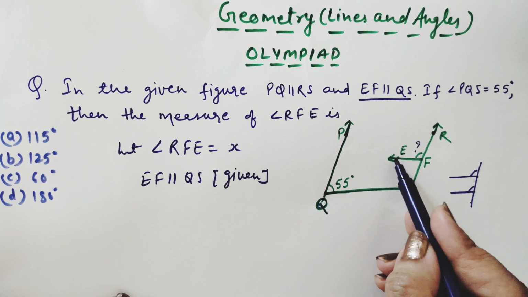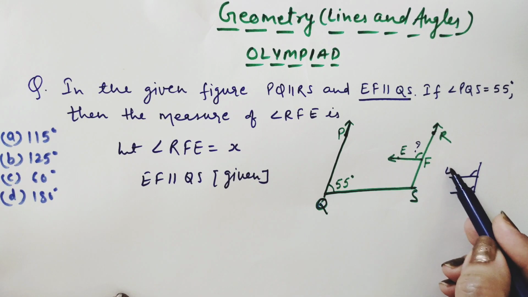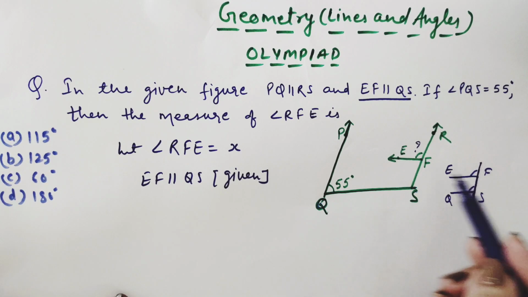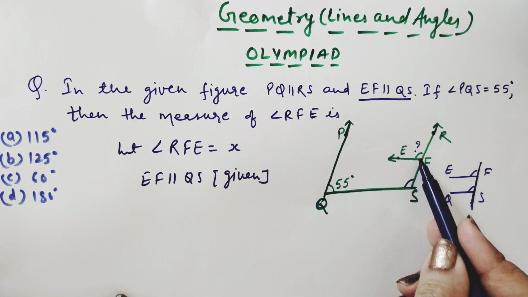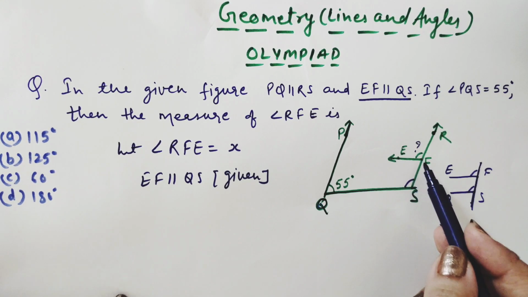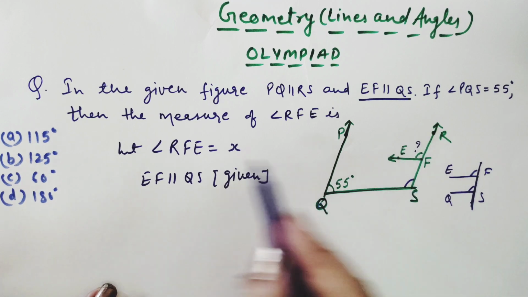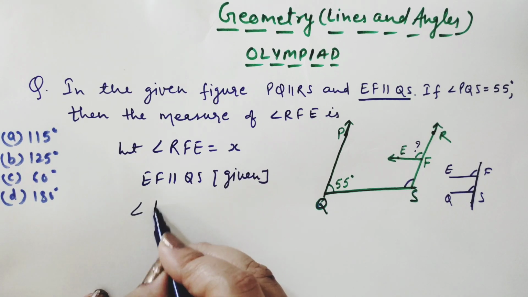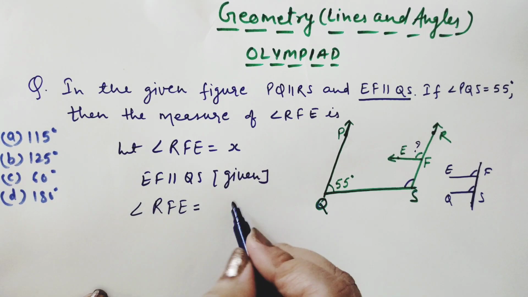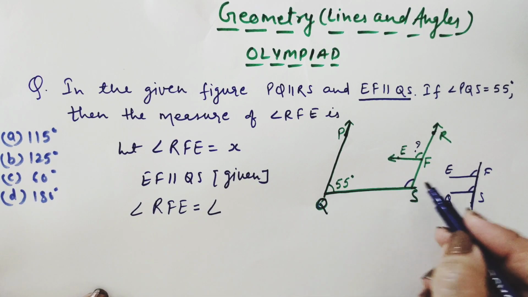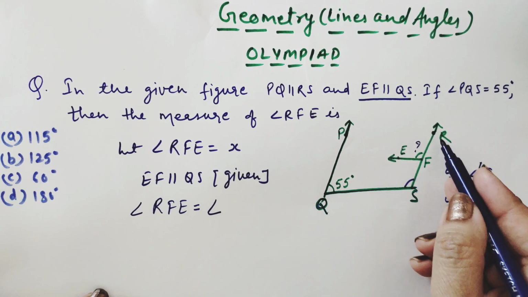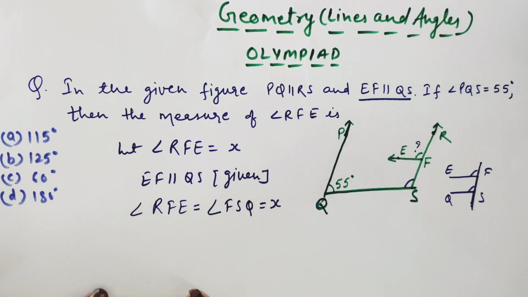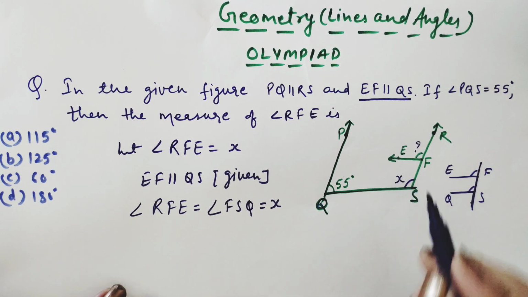This is your EF and this is QS, and this is the transversal. So this angle and this angle make a corresponding angle. If RFE is X, then this is also X. So we can write RFE equals angle FSQ, which is X.